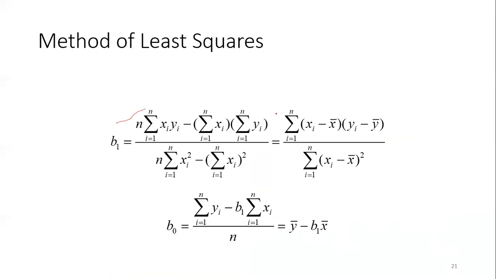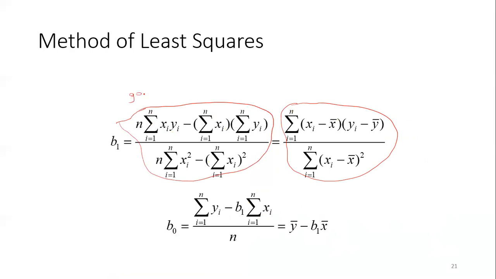This formula is good to represent b1, but this other formula is good when you just calculate it. Okay, so this is good for making calculations. And this is good for the definition. Okay.